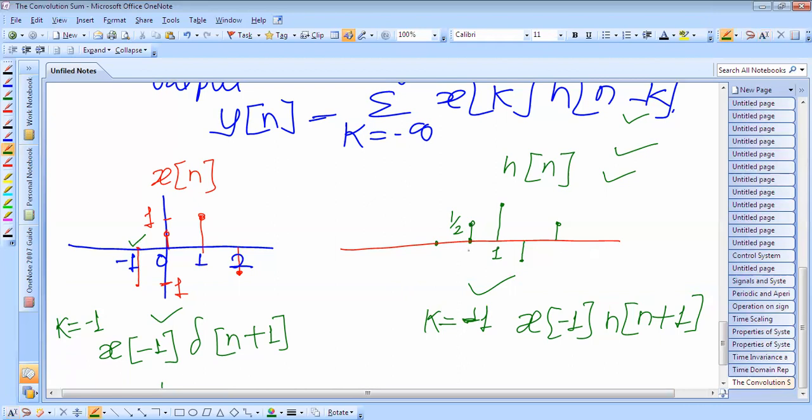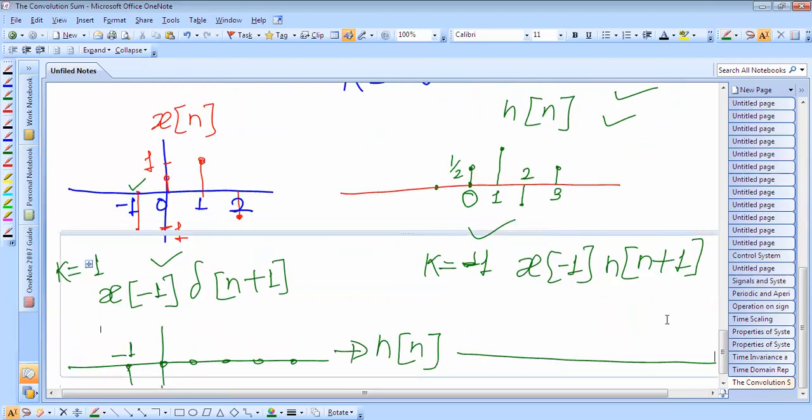At 0, this value is half. So it will be shifted towards the left by 1 unit, because it is shifted by 1 and this is a positive 1.